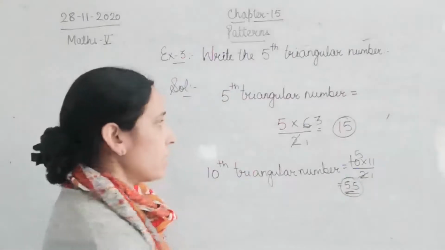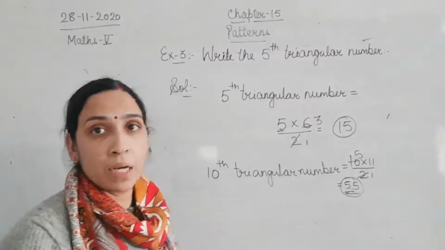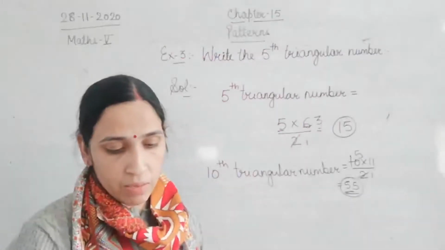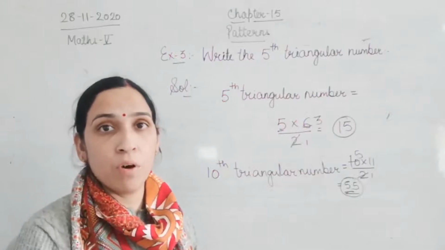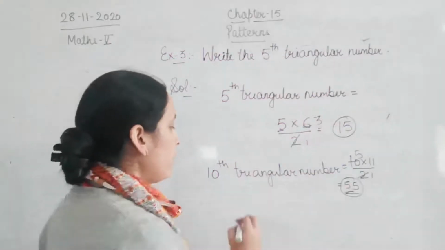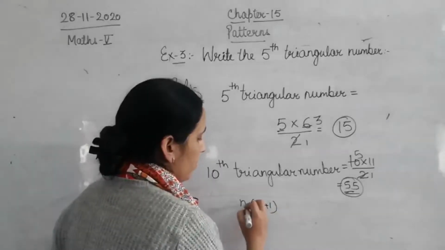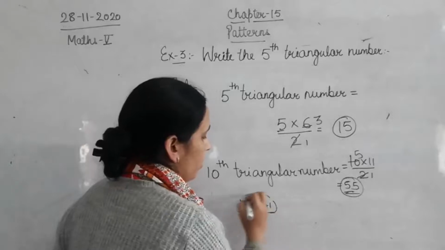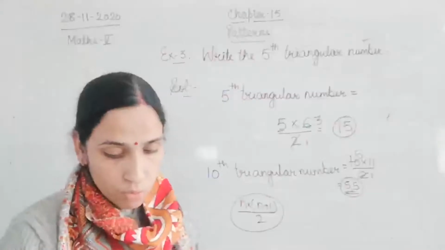The generalization of that formula is n times n plus 1 divided by 2, and this will be used to find any triangular number.